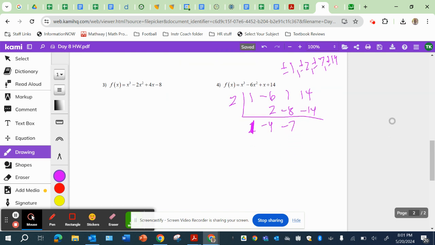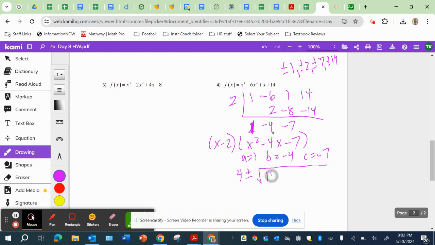Okay, so that leaves me with x minus 2 times x squared minus 4x minus 7. It's not going to factor because you can't use 7 and 1 to get 4. A is 1, B is negative 4, C is negative 7. So negative B plus or minus the square root of B squared minus 4 times A times C, all over 2A.